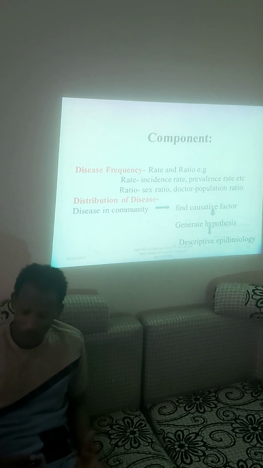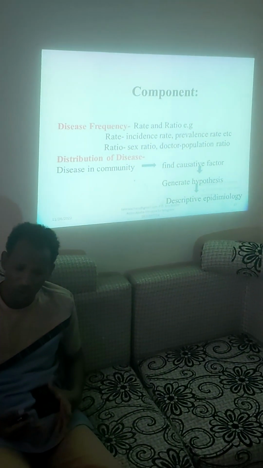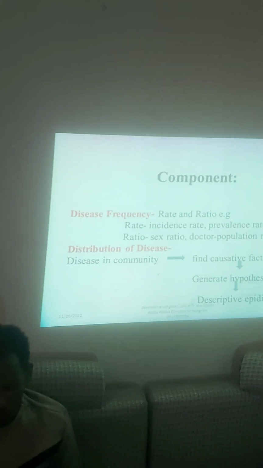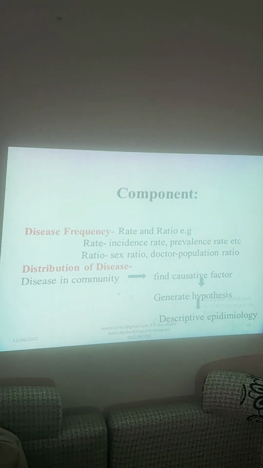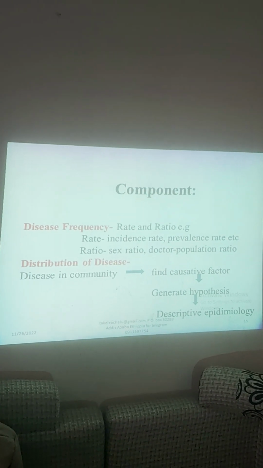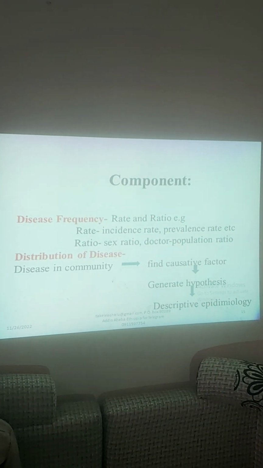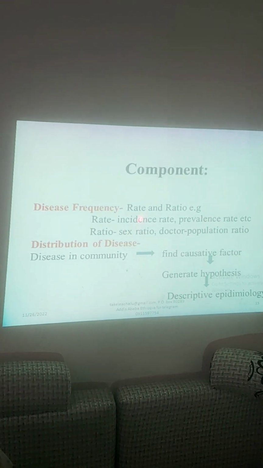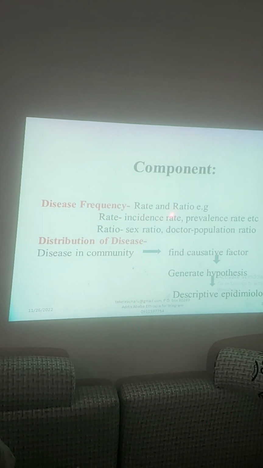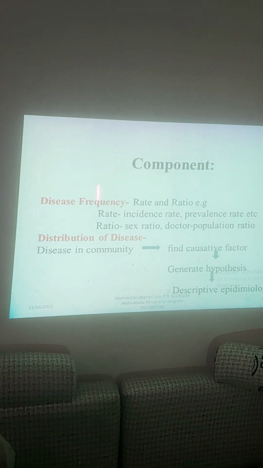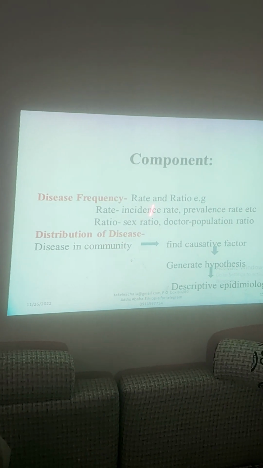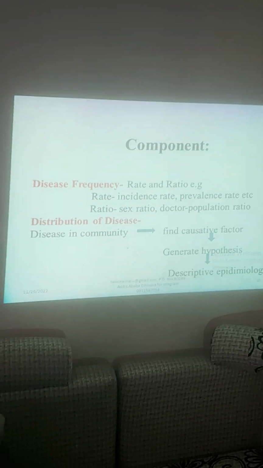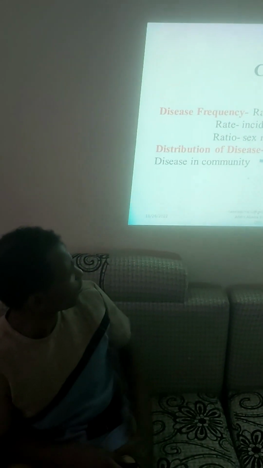Disease frequency is measured in rates and ratios, and then there is the distribution of the disease.